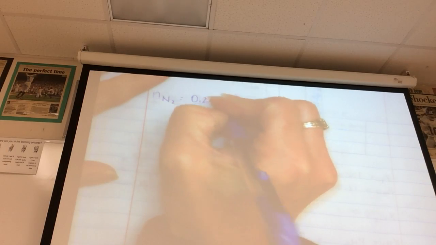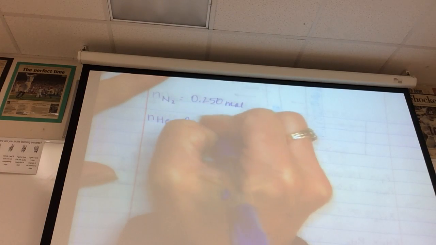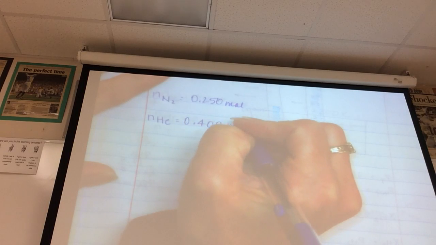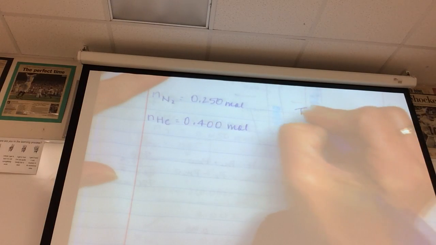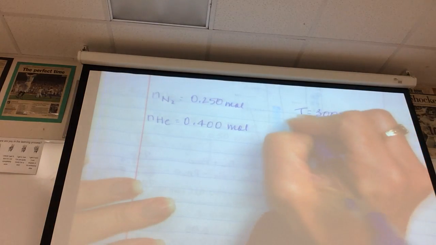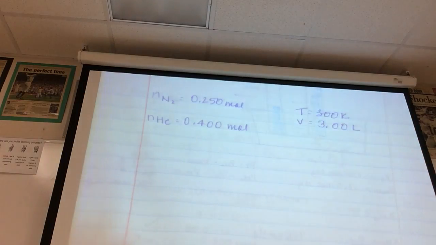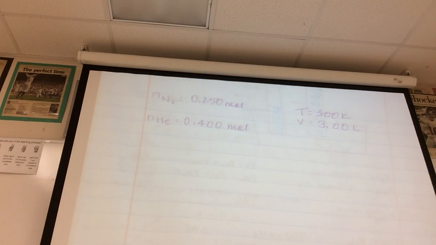We've got moles of helium, which is 0.400. We've got the temperature at 300 Kelvin. Don't forget Kelvin or you will crash and burn. We've got a volume of 3 liters. That's everything that's given. Are you with me?